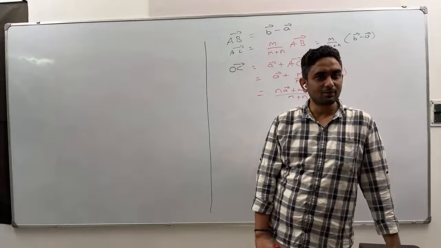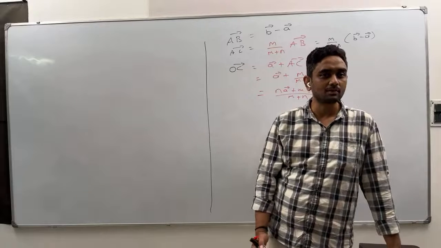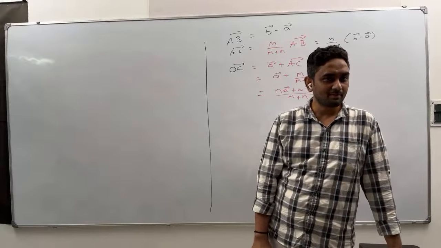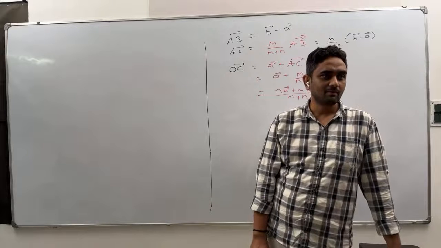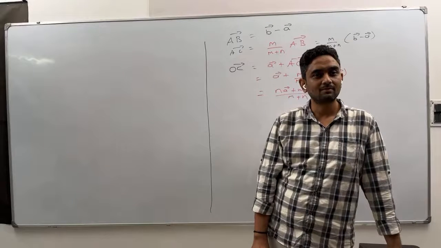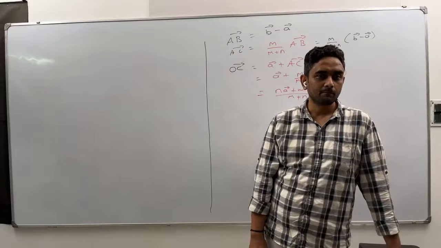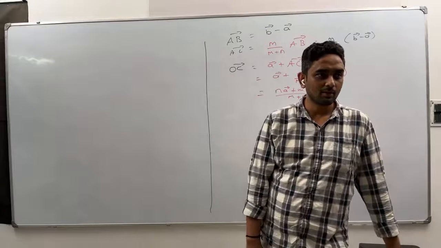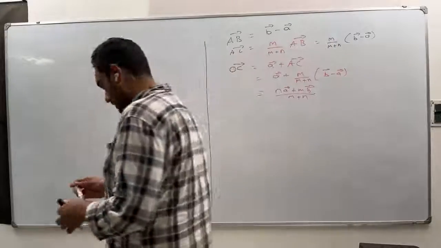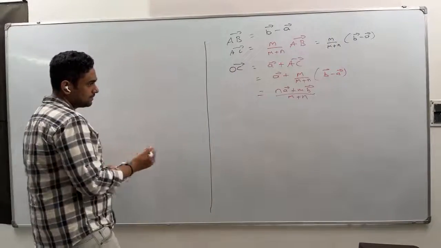Okay, I'll tell you what is locus. Locus is a fancy name for path. All right. So if I say, where do you live? Near Nehru West. Okay. So let us assume that he was here.